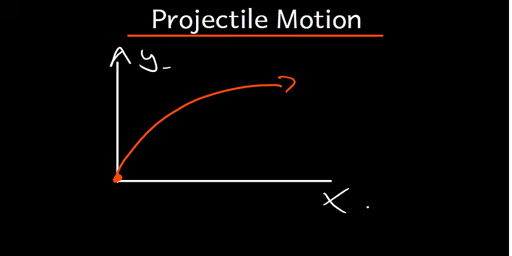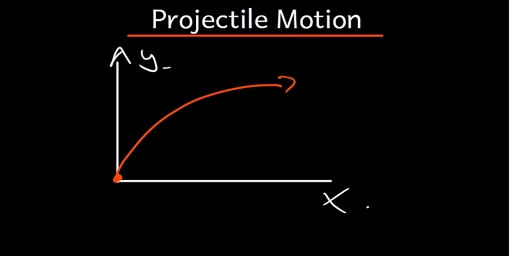You can unmute yourself and respond. Yes. Okay. So when you hear projectile motion, we're talking about a motion in x direction and a motion in y, so we call it two dimensions. The object is moving in both x and y direction.